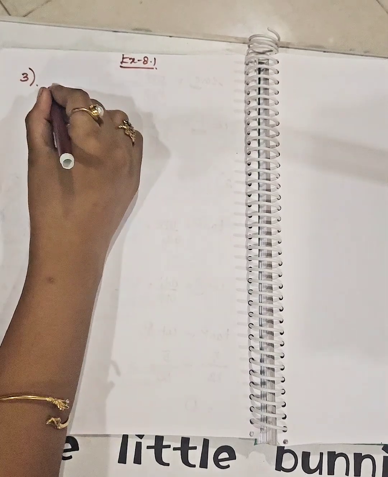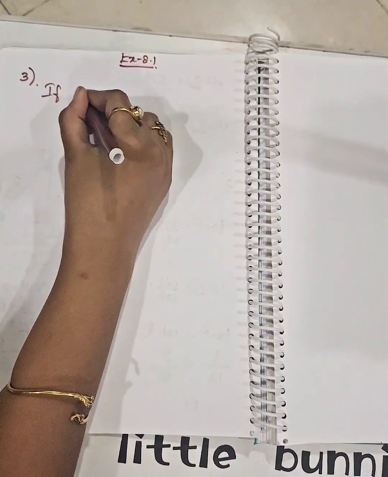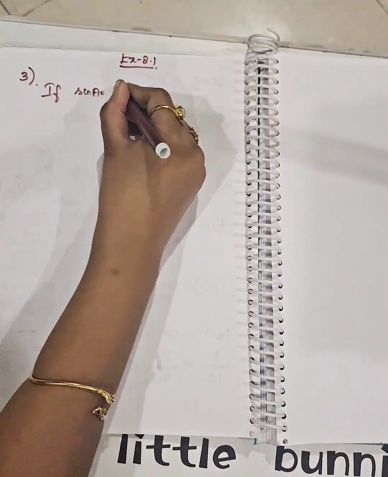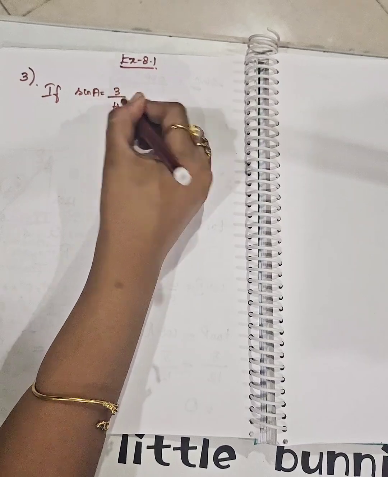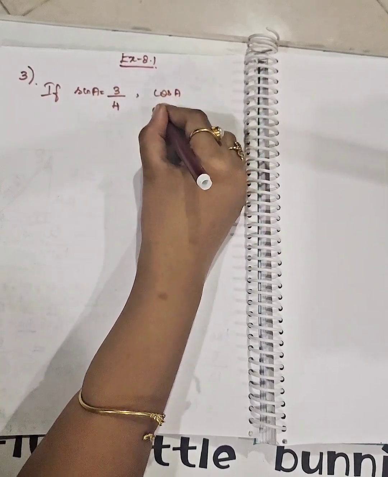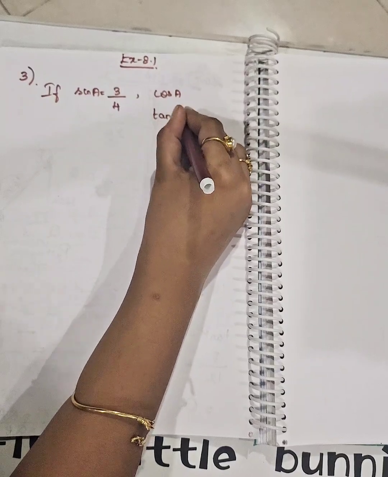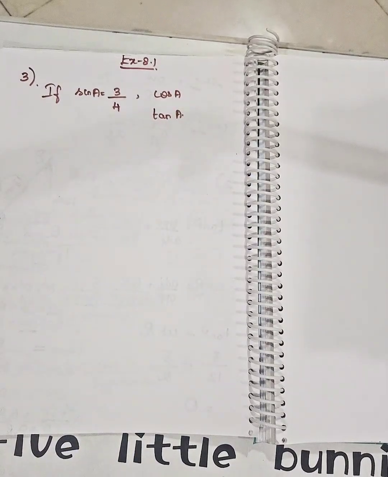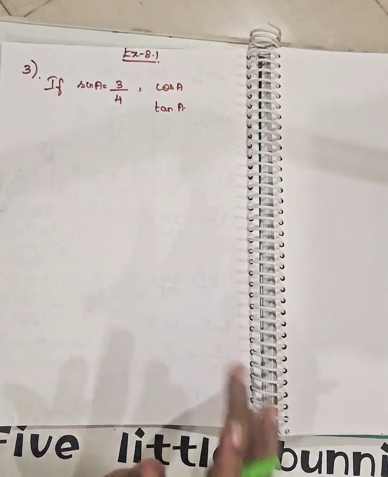Okay, so the question is, if sin A is equal to 3 by 4, they are asking us to find cos A and tan A, two subdivisions. So they didn't give the diagram nor the measurements of the sides. So we need to find both.